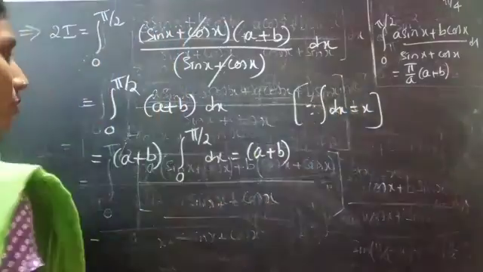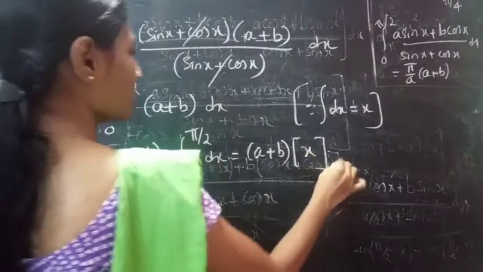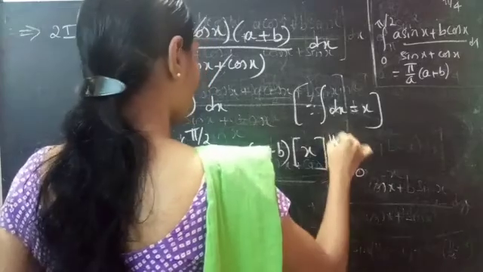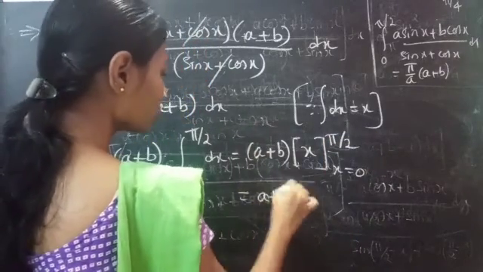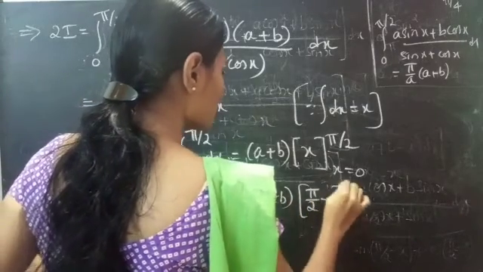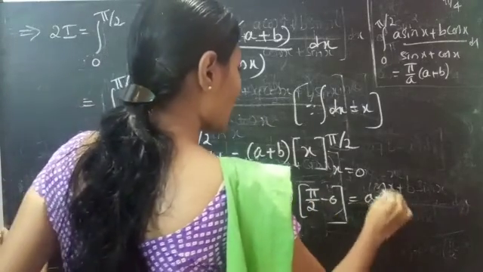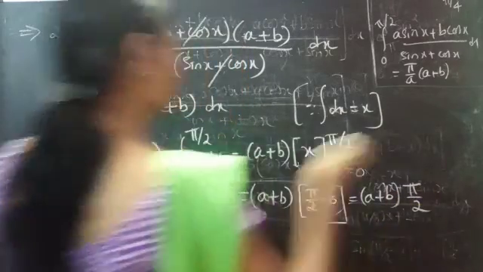Since integral dx equals x, you'll get x with limits 0 to pi by 2. So this equals a plus b into pi by 2 minus 0, which is a plus b into pi by 2.